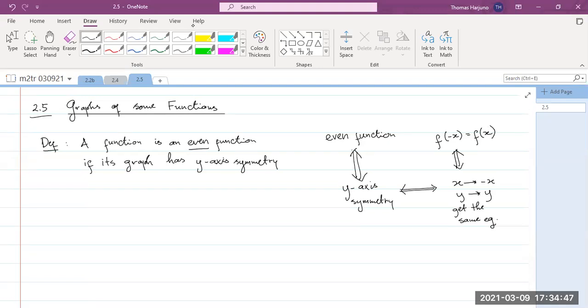Therefore, one way to check that a function is even, that it has y-axis symmetry, is by checking if f(-x) equals f(x). So consequently, f(-x) equals f(x).